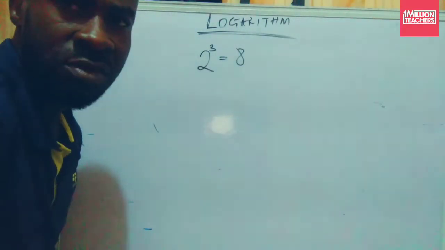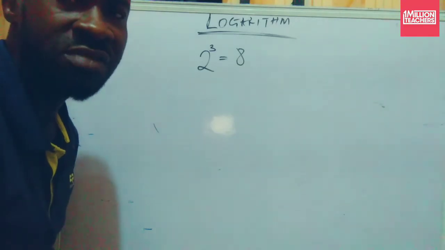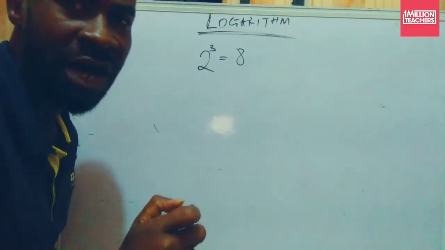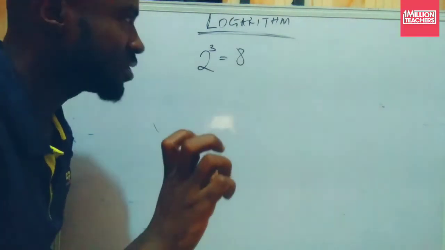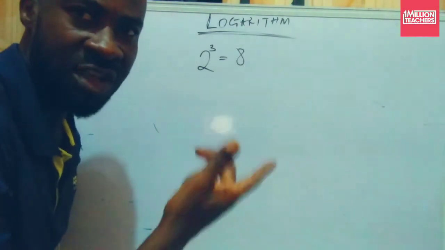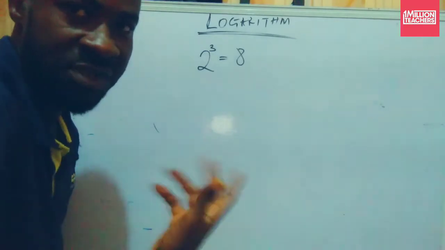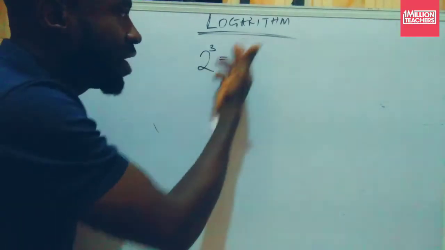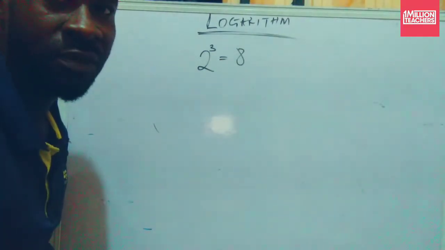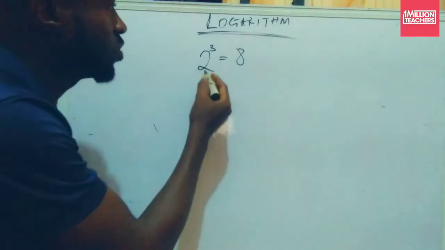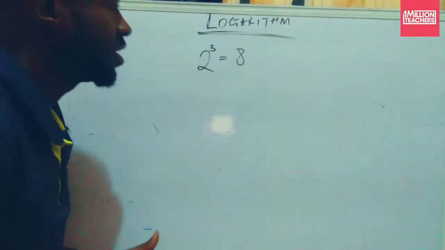But what logarithm does is that it tells us about the power. It tells us about the index or the exponent. It tells us how many times that base multiplies itself to arrive at that value. So we know that 2 to the power 3 is equal to 8.